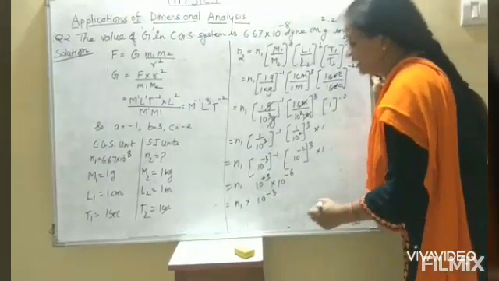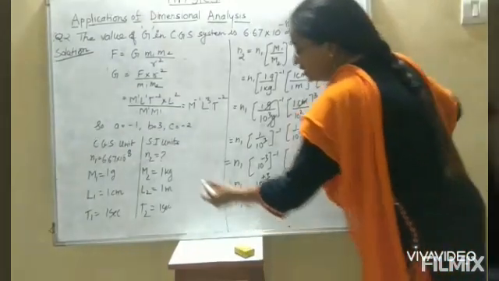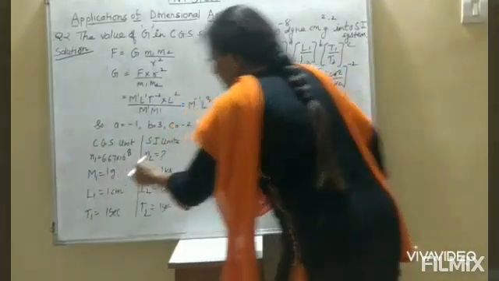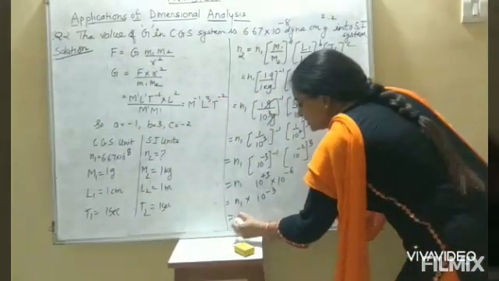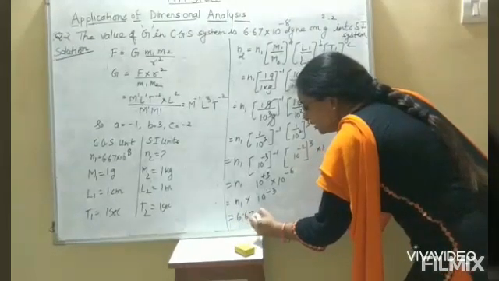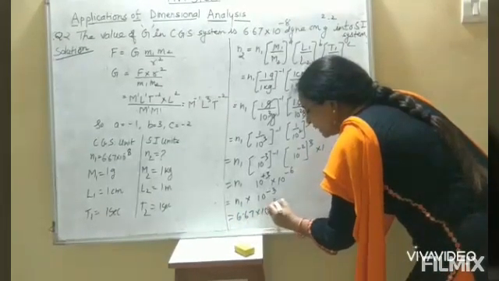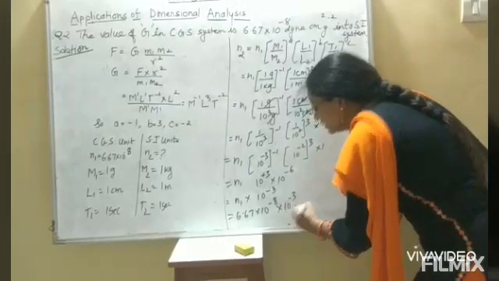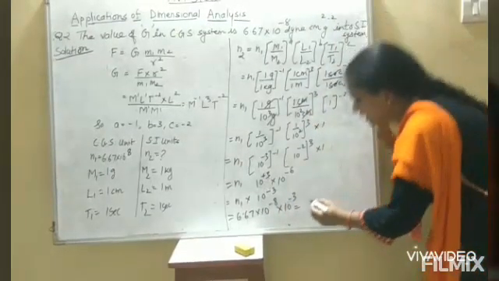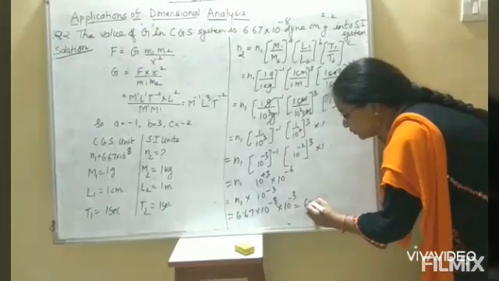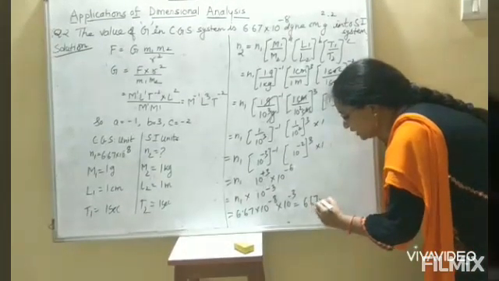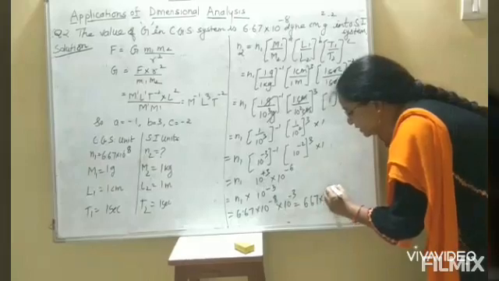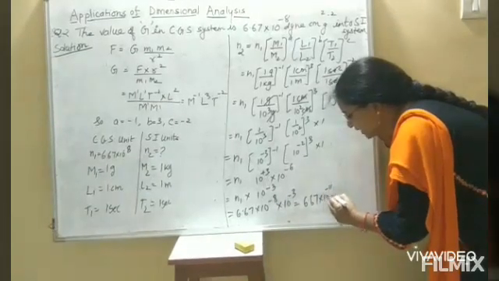And the value of n1 is already given in our question, that is 6.67 into 10 raised to power minus 8, into 10 raised to power minus 3. So our answer will be 6.67 into 10 raised to power minus 11.